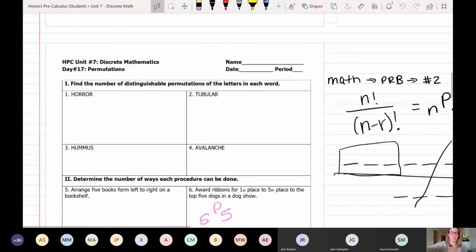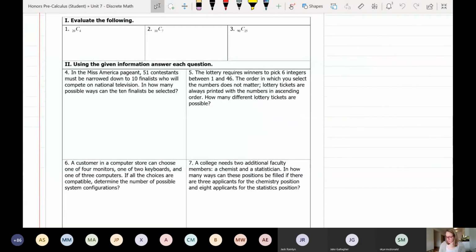Okay, so combinations. All right, so our combination formula is a little bit more intense than permutations, but it's the exact same formula we were using last week for the binomial theorem. So let's just write it there. So nCr.